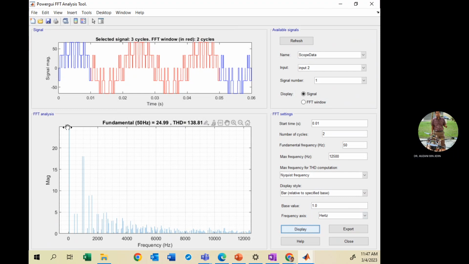Okay. So how about adjusting the location of the harmonics? From this result, you can notice the nearest harmonic is here, this one.